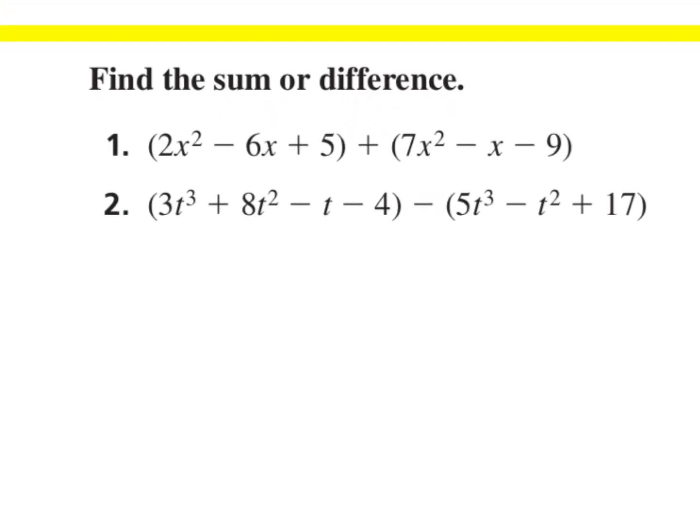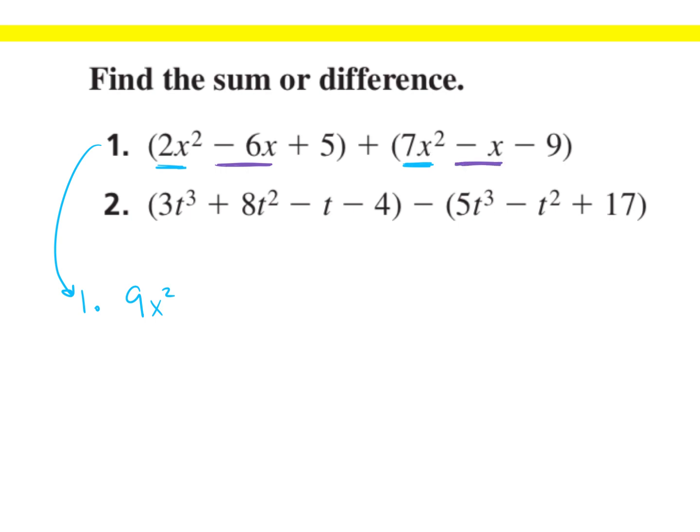Right, so for the next two, we are just finding the sum or difference. So number one, we are adding. Just because I have parentheses there, it doesn't really mean anything. I'm just adding these two polynomials together. Do I have a like term with 2x squared? 7x squared. So what's 2x squared plus 7x squared? Awesome, 9x squared. We add the coefficients together, the variable part stays the same. Do I have a like term with negative 6x?